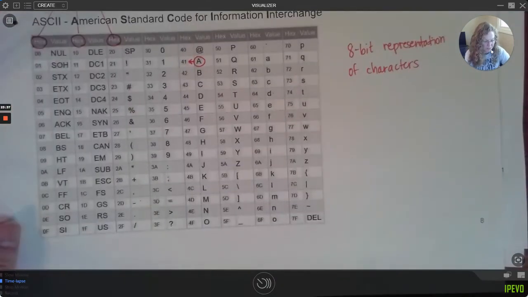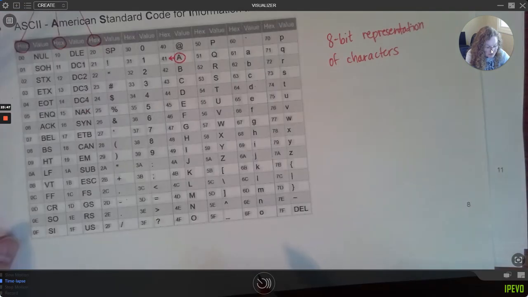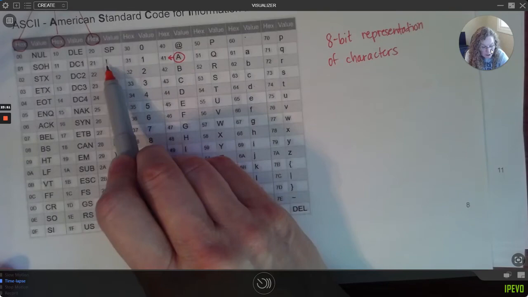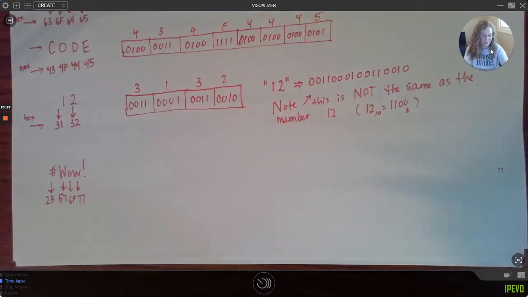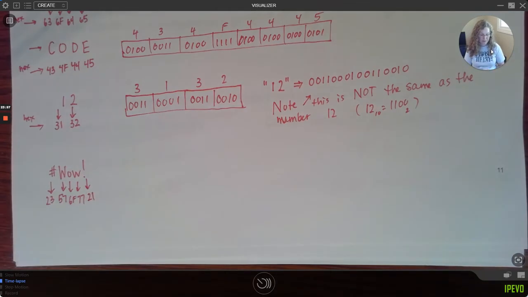The lowercase w is 77. And the exclamation point, oh, there it is, the exclamation point is 21. Okay.